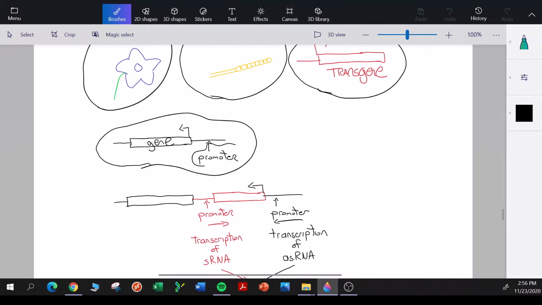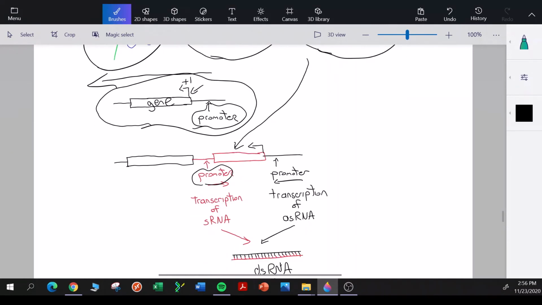Here's the promoter over here. Here's the +1 transcription site, so the RNA polymerase goes that way, from right to left. Well, let's say the transgene inserted like that. So the transgene has its own promoter right here, and the transgene will be transcribed from left to right based on the presence of this promoter right here.